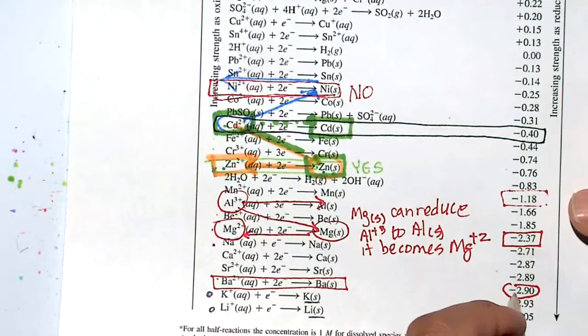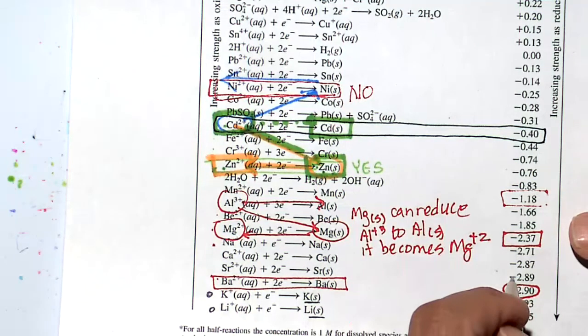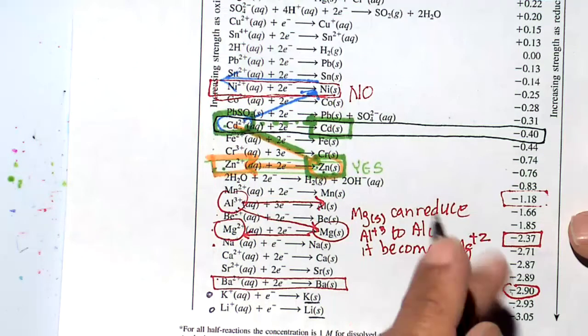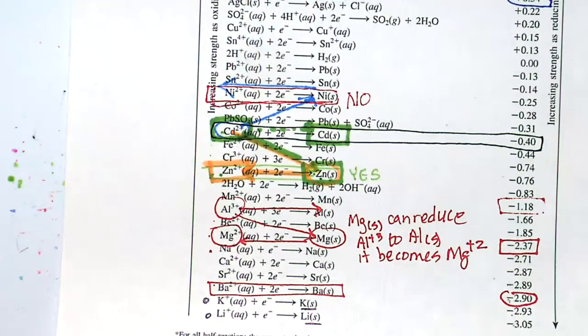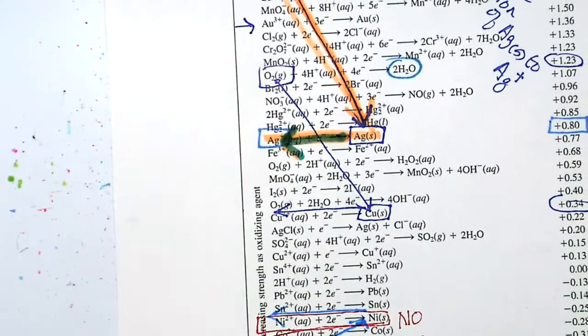In doing so, minus 2.89 flips to positive, and minus 2.90 flips to positive, so when you add them together it's still positive. Okay, it's tricky.